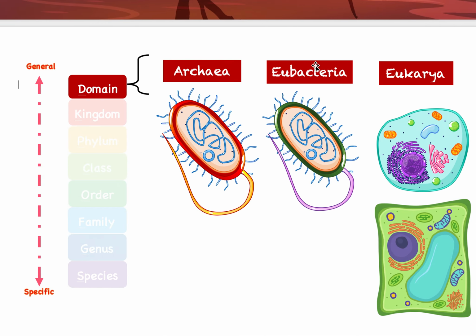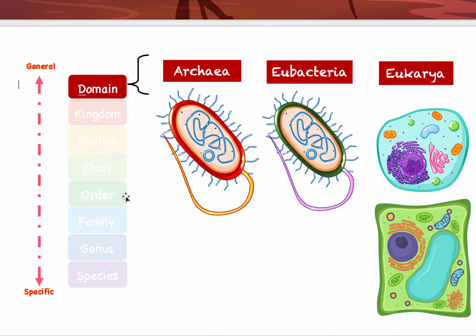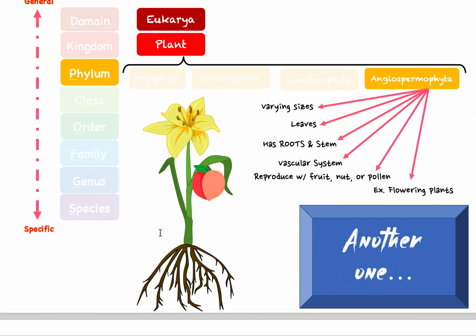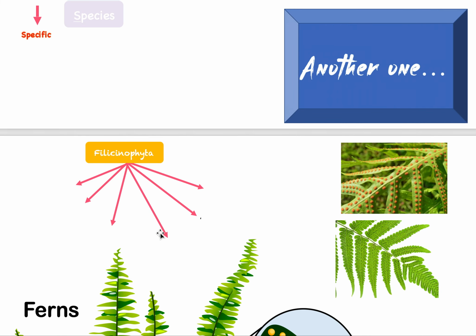Now, they are saying here in this question, which of these types, because here they have the 4 types, has vascular tissue and pollen produced in male cones. So we know that Bryophyta does not have vascular tissue, so we can automatically eliminate D. Let me show you. So let's go find Bryophyta. I gotta go up here.